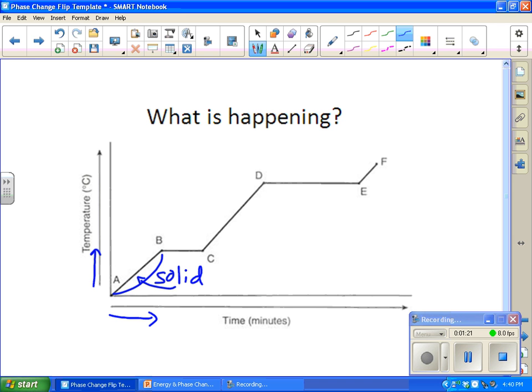But then when we get to B, from the region of B to C, in this area here, we have no temperature change. And that's indicating a phase transition. Here we have solid going to liquid, and we call this melting.